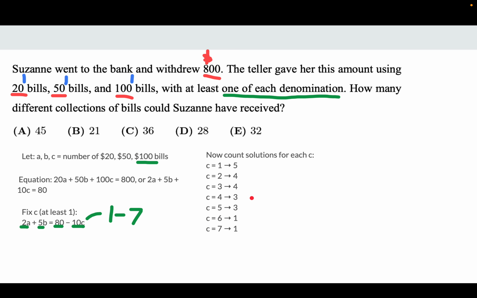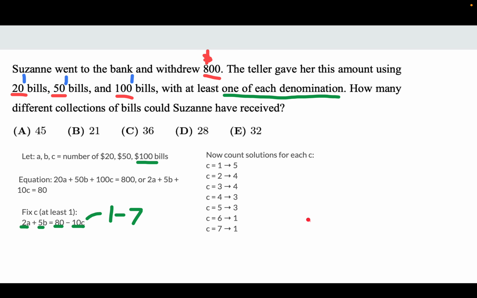C equals 3, I get 50, 4 solutions. For C equals 4, I get 40, which gives 3 solutions. C equals 5, I get 30, 3 solutions. For C equals 6, I get 20, which gives 1 solution. And for C equals 7, I get 10, giving 1 solution.